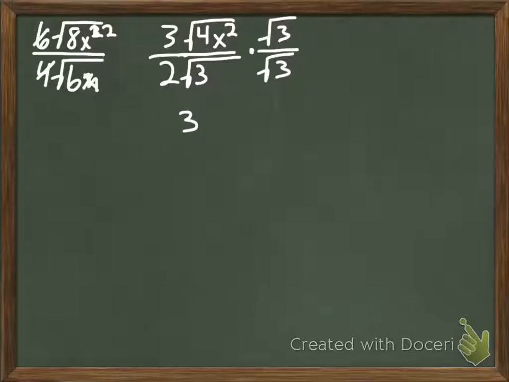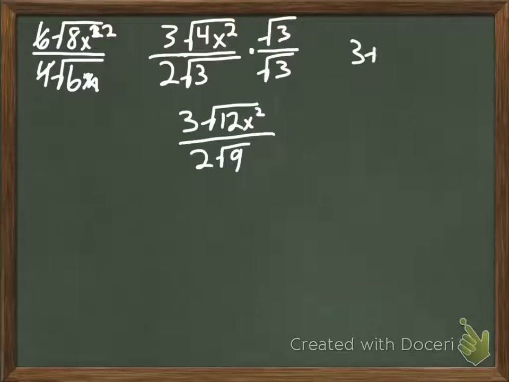We get 3 square root of 12x squared over 2 square root of 9, and now it just becomes a simplification game. So we need to simplify this 3 square root 12x squared, 4 and 3.